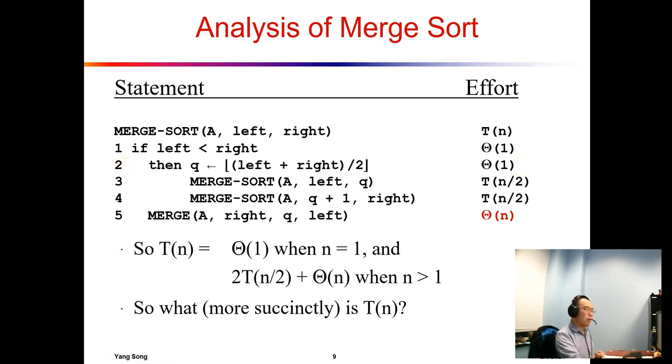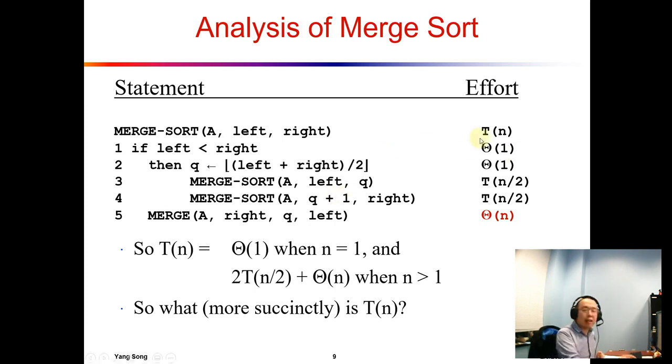If the cost of the merge sort is T(n), then on line 3 and line 4 we are splitting the list into 2 and doing the same merge sort. However, the input size of the line 3 and line 4 recursive calls will be n divided by 2.